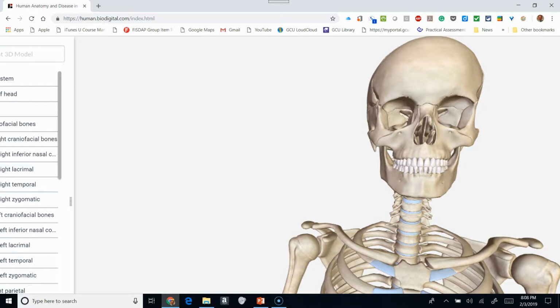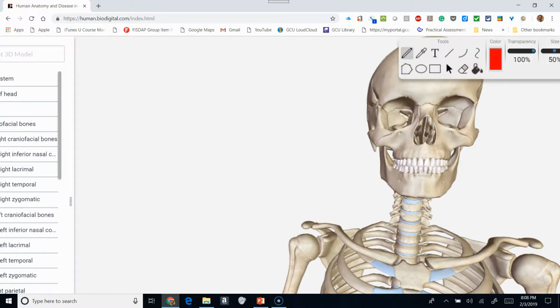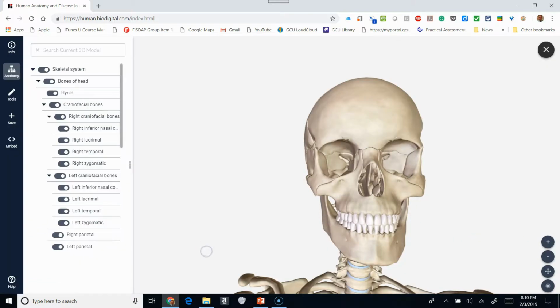And the orbital area, let me get up my pen here, okay, is going to be basically right here. This is where the eyes are going to be. And then we also get to deal with the nasal bone. And the nasal bone is going to be a whole bunch of wonderful little bones that are going to form the bridge of the nose. Okay, so we're going to take a look at a couple things here.